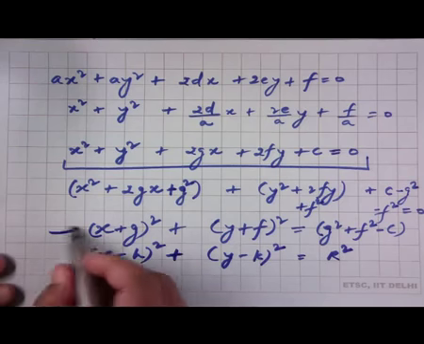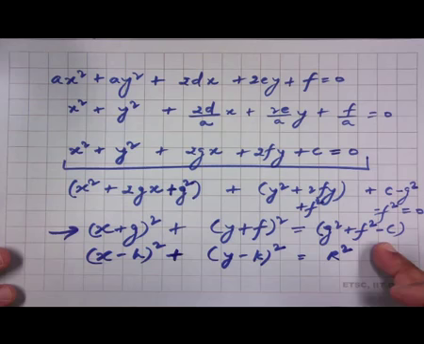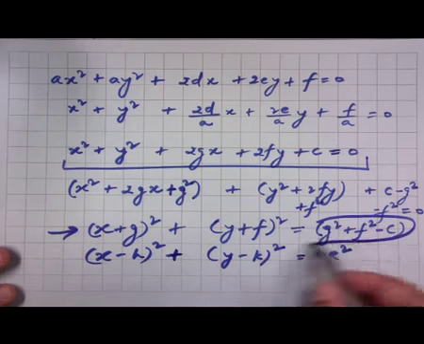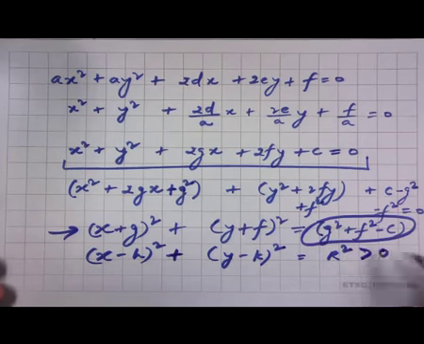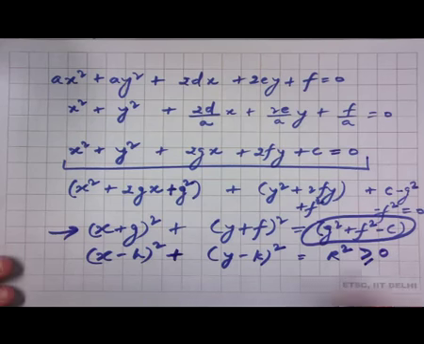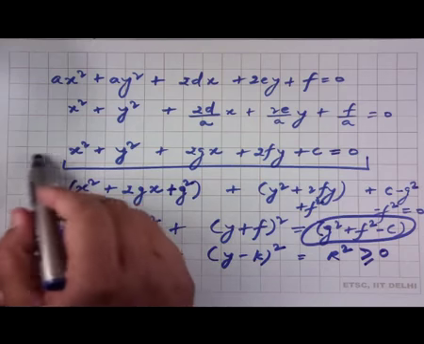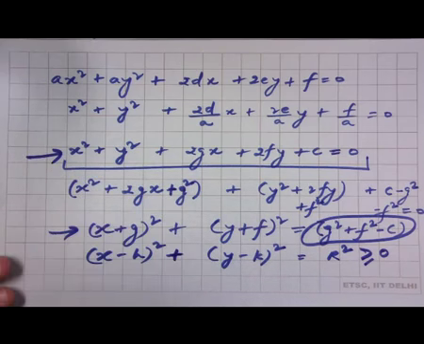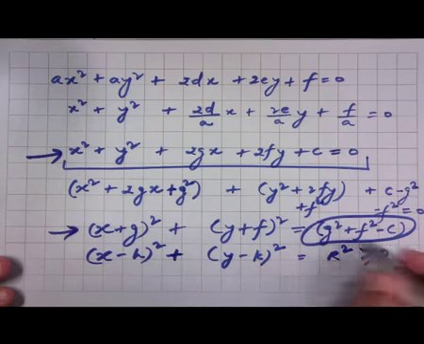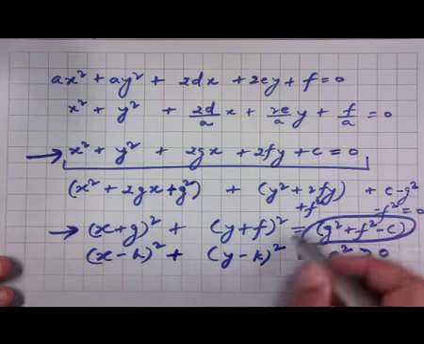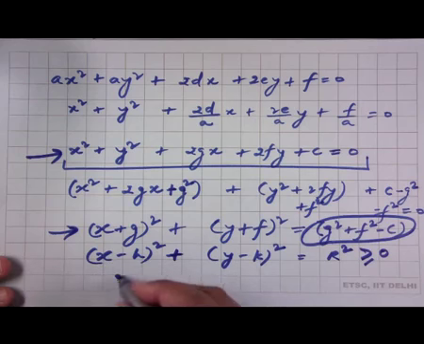Now, this obviously represents a circle if and only if this right hand side is r square. R square is always non-negative, and therefore, this represents a circle if and only if this is non-negative.